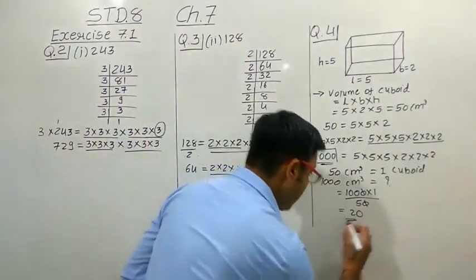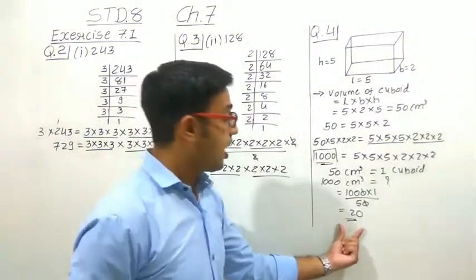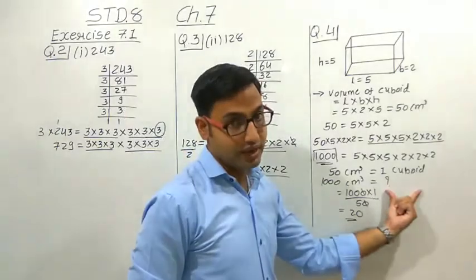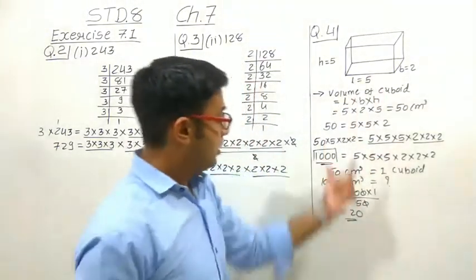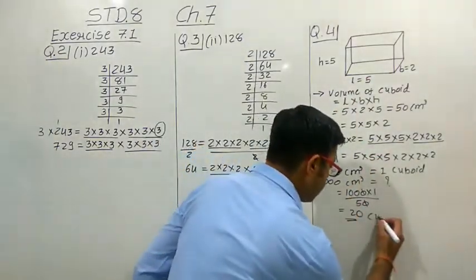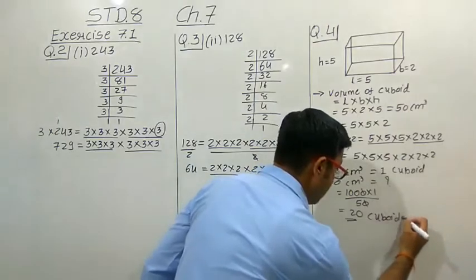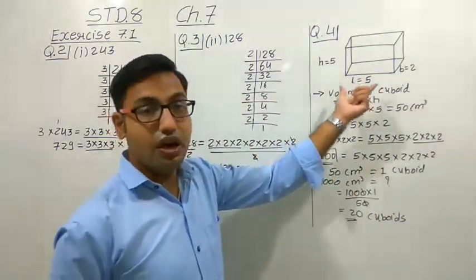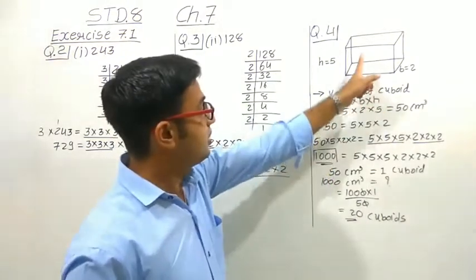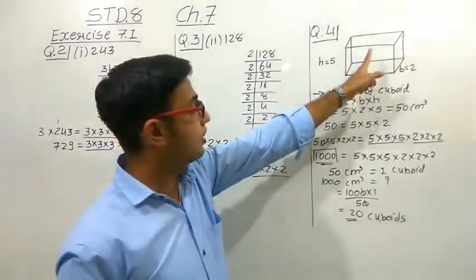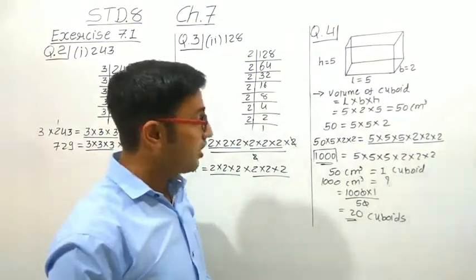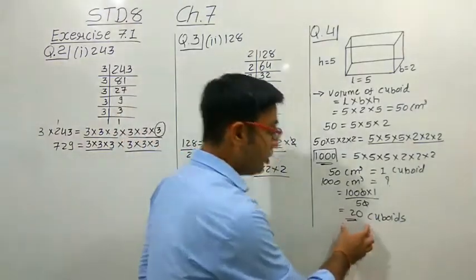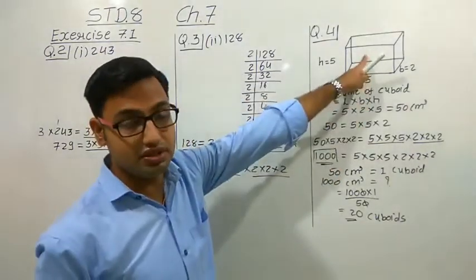This is the required answer, how many cuboids we require. So 20 cuboids are required to make a cube using this cuboid. To make a cube we require 20 cuboids of these dimensions.